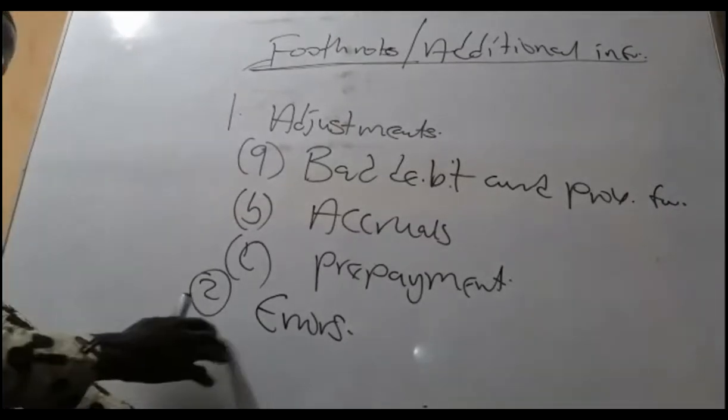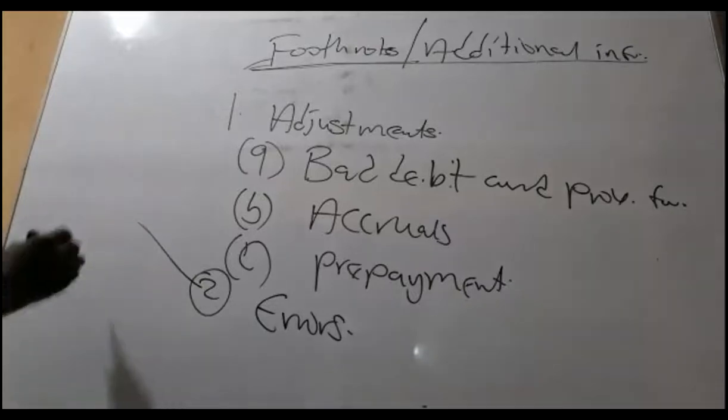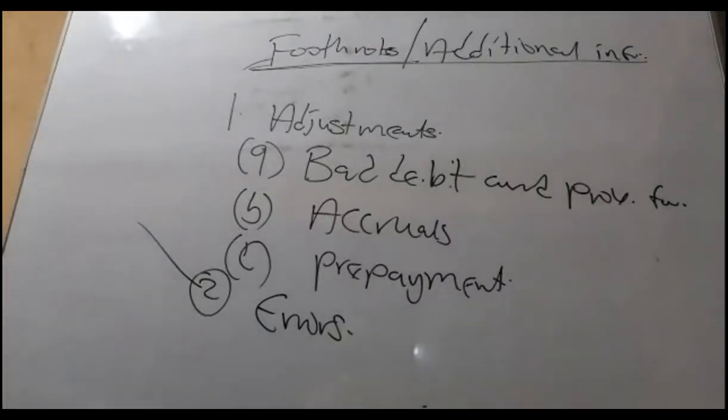So for the errors, it means that we have to be versatile, or we should know how to treat a lot of items correctly. The examiner, at his own discretion, can pick any of them and make a case out of it. So we should know how to treat a lot of the items correctly, so that if there's any mistake they've committed on that item, you would realize and correct it for the examiner. Good. So that is it.